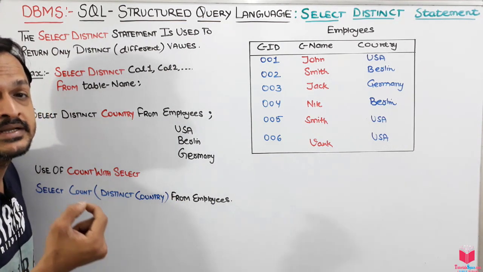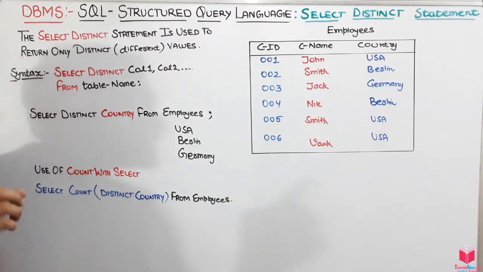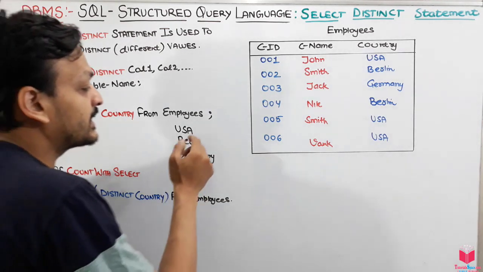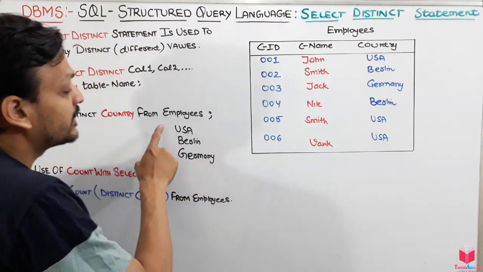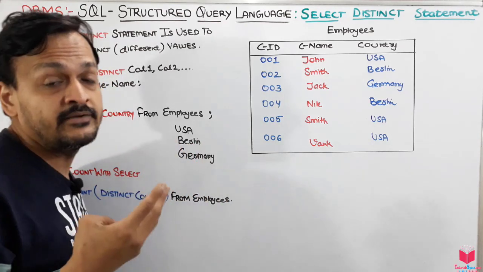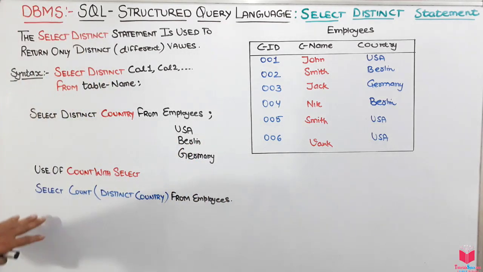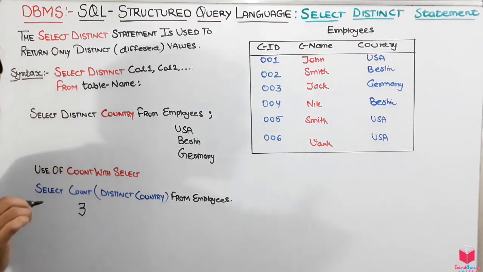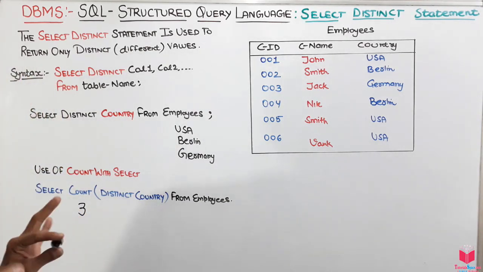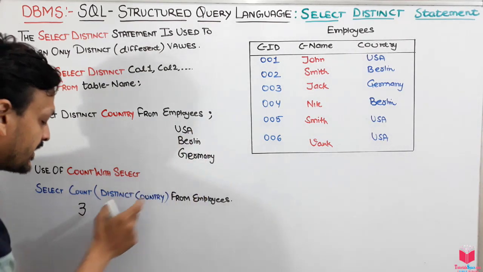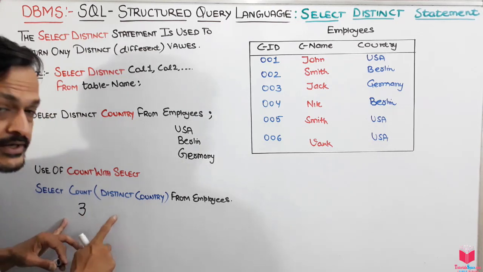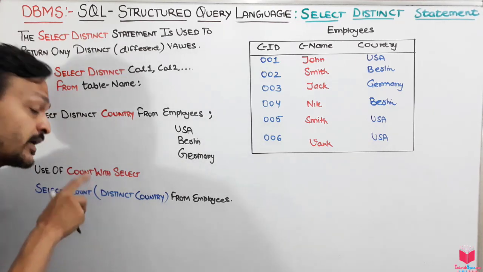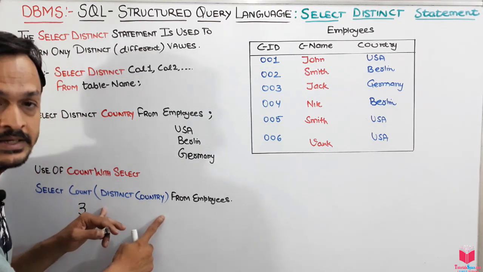That is a number, an integer value, and it will return that integer value. There are exactly 3 distinct values, so we will get only 3. Please understand, don't write the answer as USA, Berlin, Germany and then 3. No, it will return only 3 because we have used the keyword count with these different values.